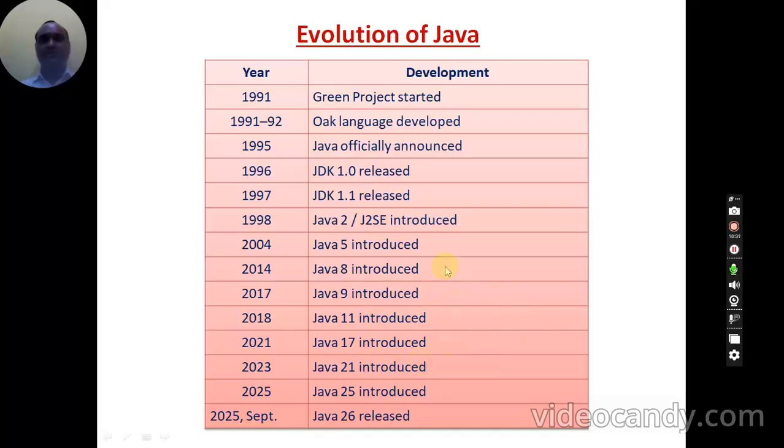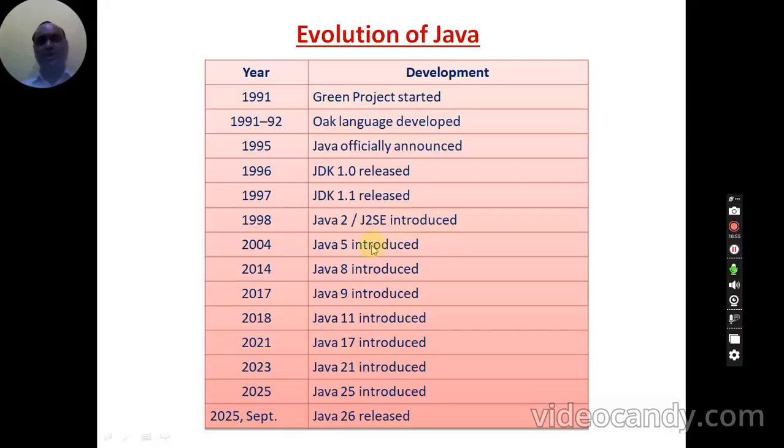Here you can see how Java evolved year by year, a clear picture. In 1995 it was announced, in 1996 JDK 1.0 was released, and in 1997 the second version, JDK 1.1, was released. The third version, JDK 1.2, is also called Java 2 or Java 2 Standard Edition.